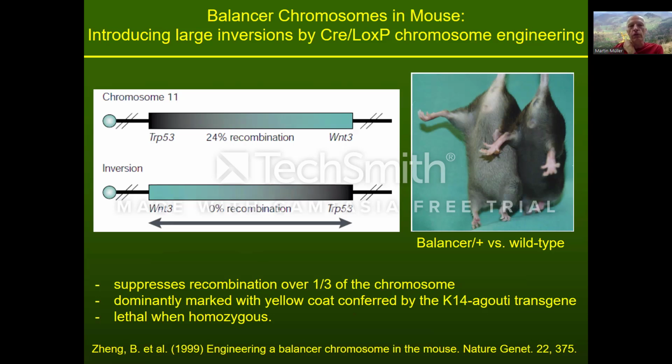So these inversions work exactly in the same way as they do in the fly, and they use a dominant marker. Here we have balancer and wild type. The balancer mouse has less pigmented fur than the wild type. So basically, these mouse balancers are designed according to the fly model.